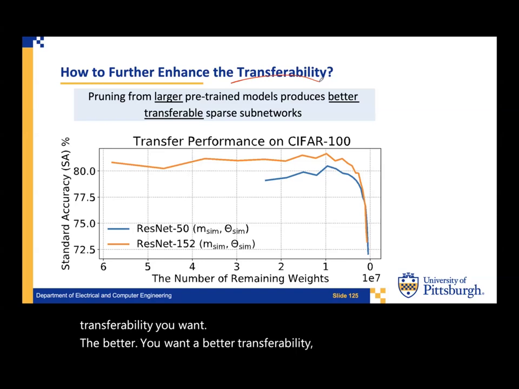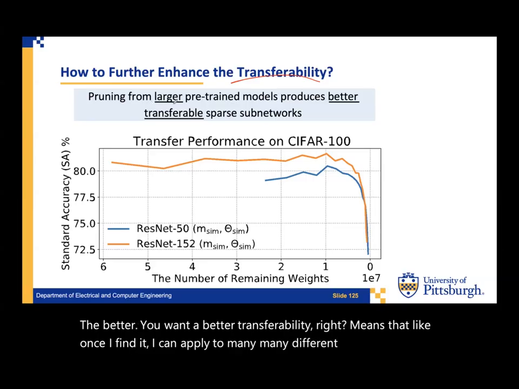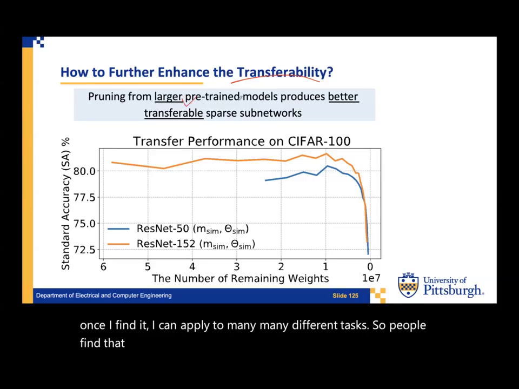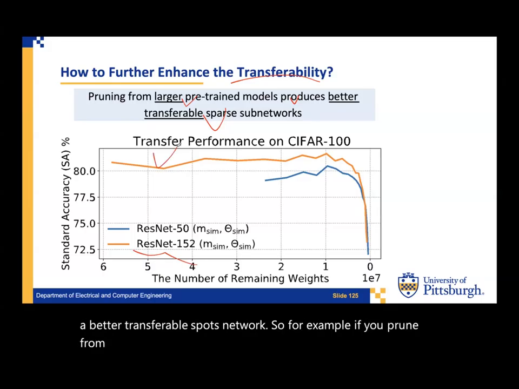It means that once I find it, I can apply it to many different tasks. So people found that if you prune from a larger pre-trained model, it can produce a better transferable sparse network. For example, if you prune from ResNet-152, the transferability is better than if you prune from ResNet-50.